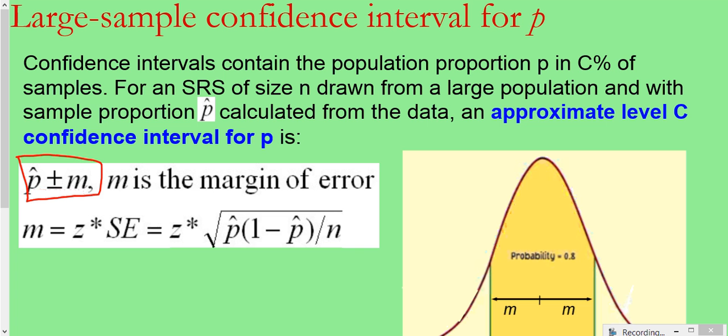For example, P hat is something that you've already been able to create. You get a sample and you have a P hat. This M is what's called the margin of error. And the margin of error in AP is calculated with a Z star times what's called a standard error.